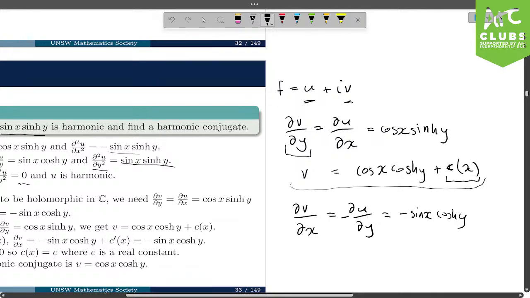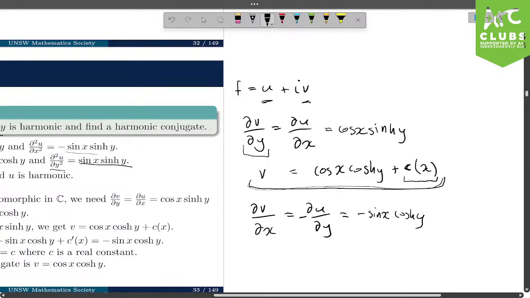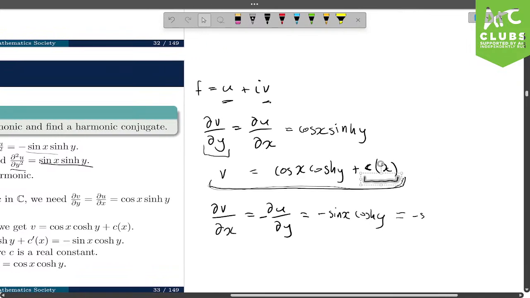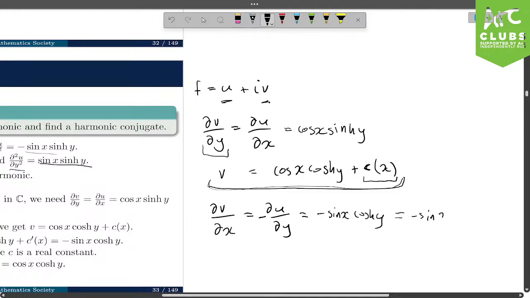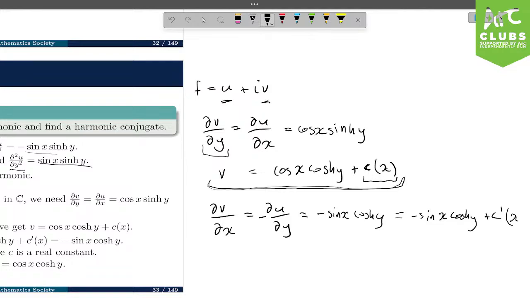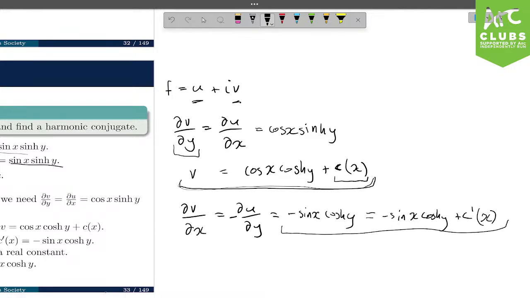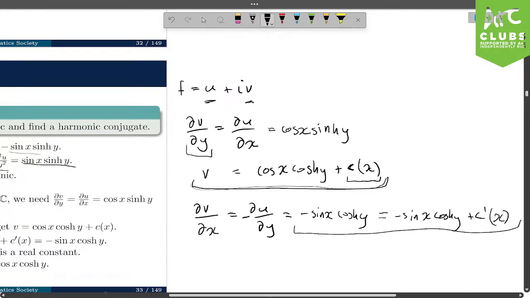Now if we differentiate our expression for v, we'll get that it also has to equal minus sine x cos y plus the derivative of our function c with respect to x. Comparing these two expressions, we realize that the derivative of c with respect to x has to be 0.